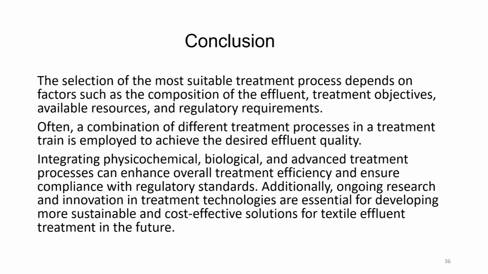In conclusion, we can say the selection of the most suitable treatment process depends on factors such as composition of the effluent, treatment objectives, available resources and regulatory requirements. Often, a combination of different treatment processes in a treatment train is employed to achieve the desired effluent quality.